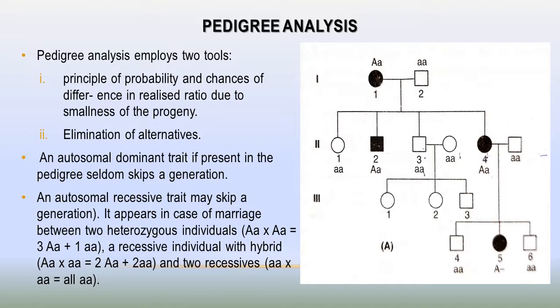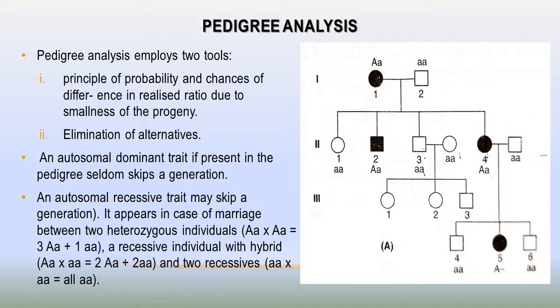The first is a female, represented by a dark circle, whereas the second individual is a male, represented by a square, who is not affected.